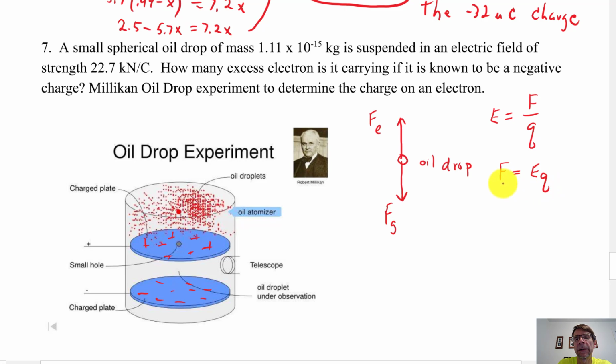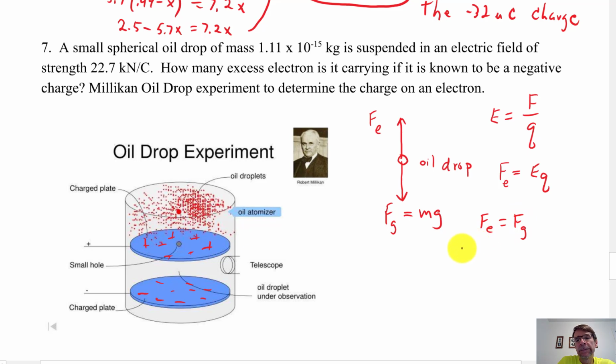And we're talking about electrical force, F sub E. That's that up arrow in that diagram. The electrostatic force equals EQ. Now I also know that force of gravity equals mg. Weight equals mg. That's how you figure out the force of gravity. In that free body force diagram, I want F sub E equal to F sub G to suspend the oil drop, to keep it stationary.